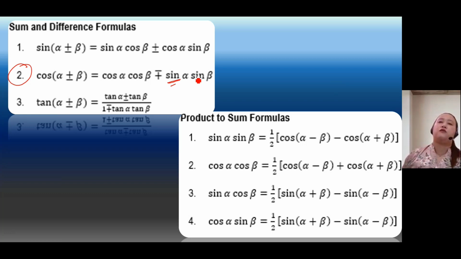Then we have the product to sum formulas. So these are the formulas. Actually, you can try to prove these formulas and identities by substituting values to the angles. If we do have just one angle on the identity or formula, you make use of one value for that.